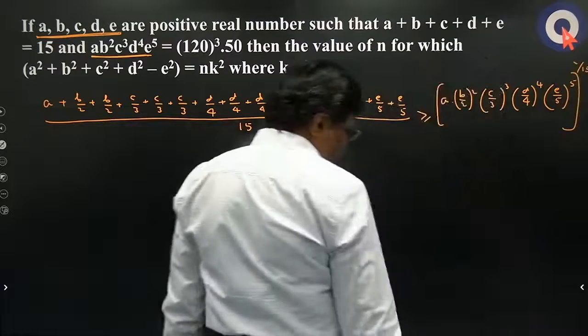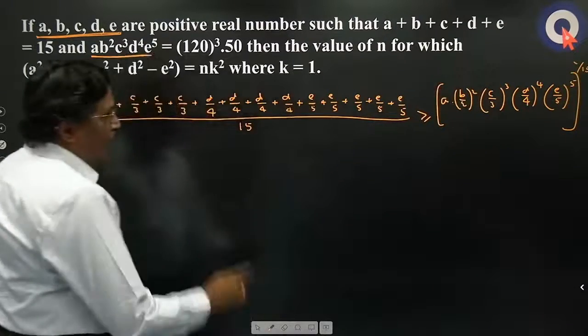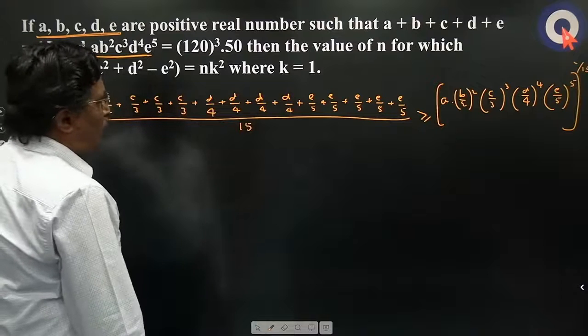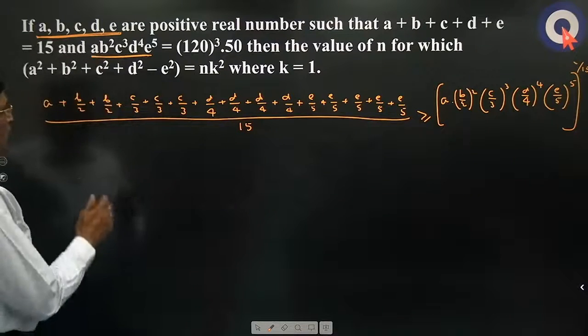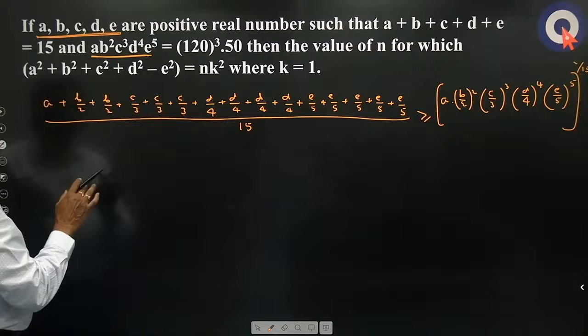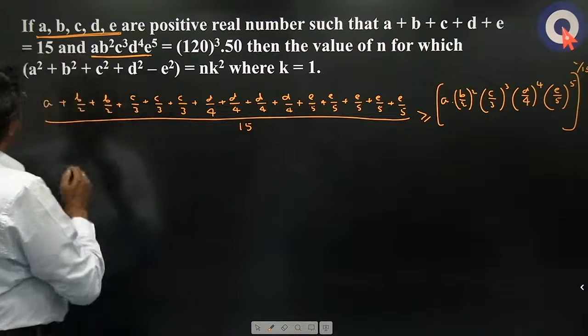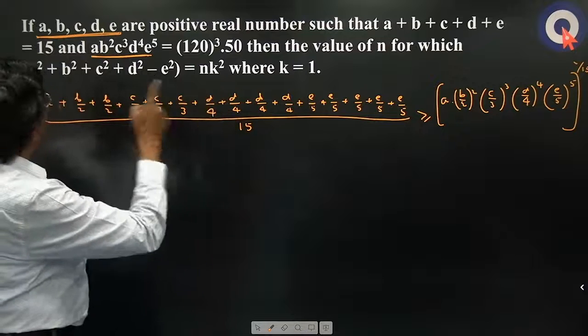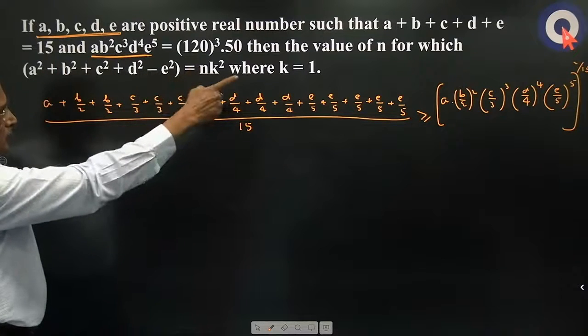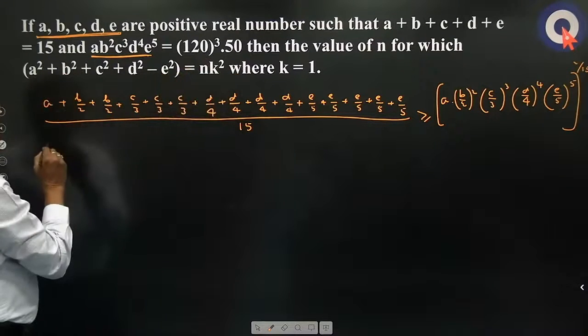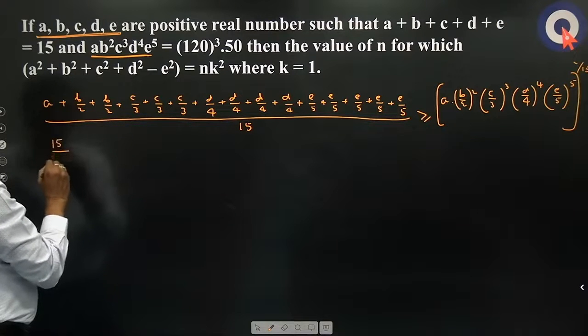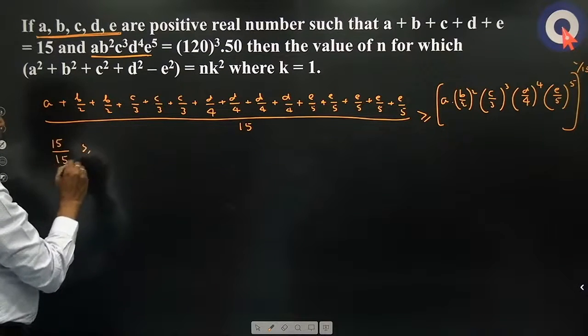So their arithmetic mean is greater than or equal to their geometric mean. This is how you consider. After all, the numerator is nothing but a plus b plus c plus d plus e, and that is given as 15. As such, this is 15 by 15 and nothing else, greater than or equal to.